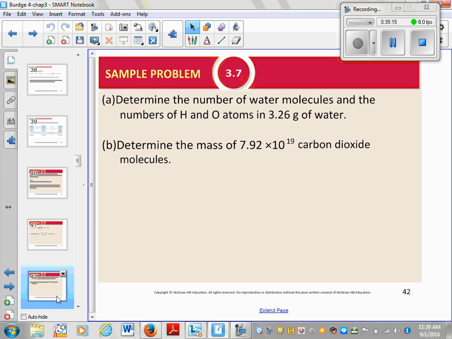Now where can I go? Particles, in this case the particles are molecules. So I go to molecules of H2O divided by moles of H2O. So now I come back and put the numbers in. 1 mole of water, what's its molar mass? It was 18.02, I believe.